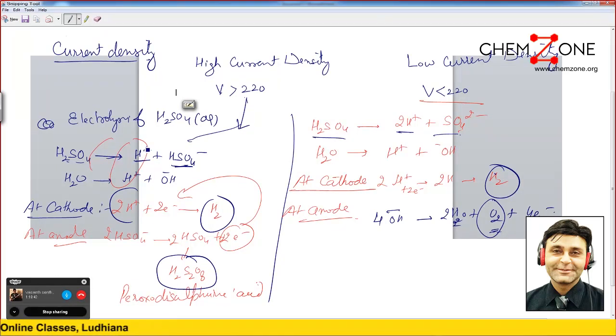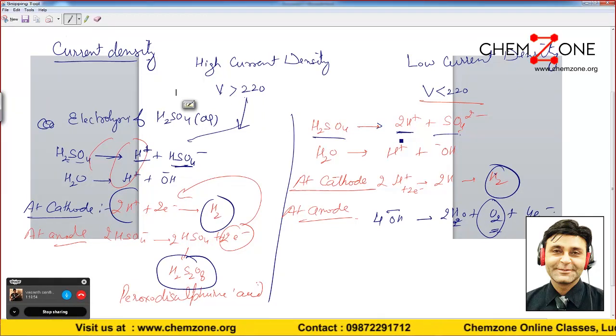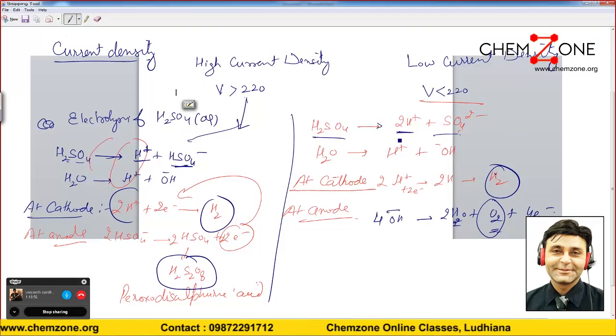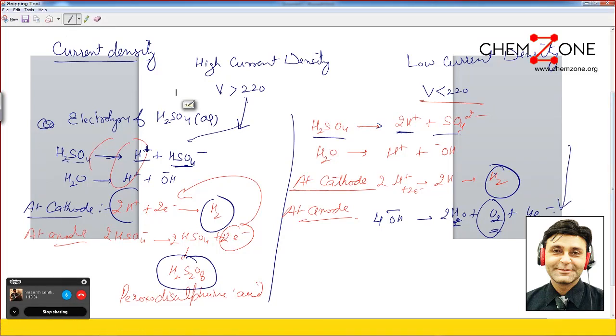It gives only one H positive ion and then HSO4 negative ion. Whereas in case of the low current density, it undergoes complete dissociation to give 2 H positive ions and 1 sulfate ion. So we should remember that at high current density, it doesn't dissociate completely, and at low it does. Yes, you have to remember this. Then we can proceed ahead with logic.